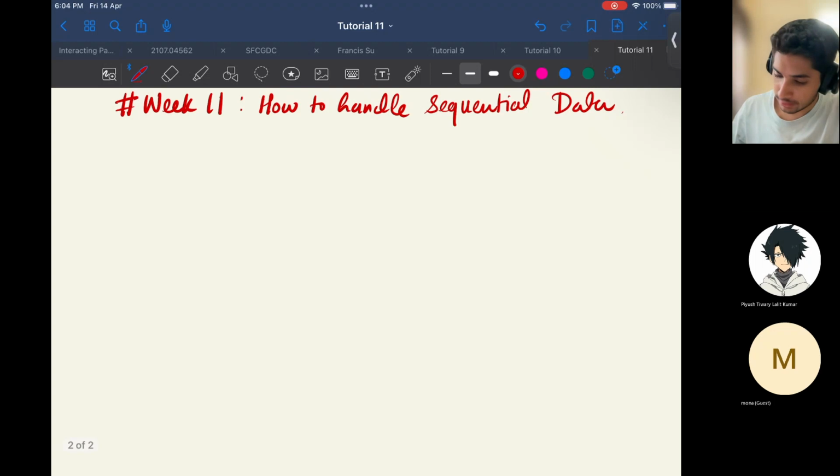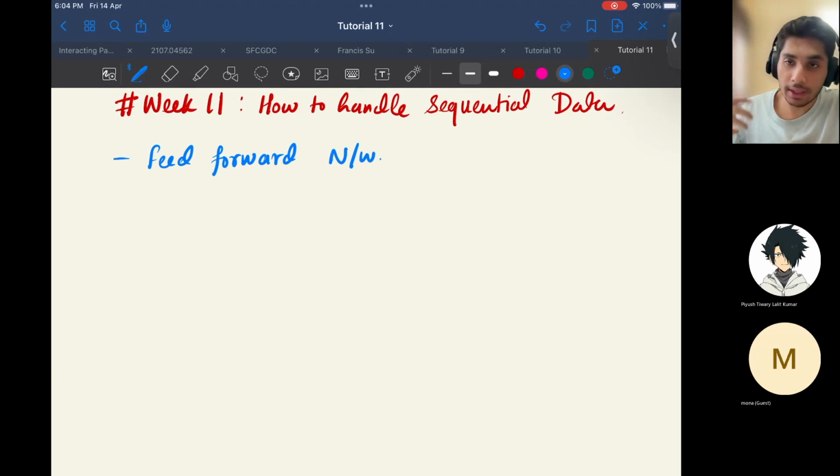So basically, this is what we have been building up to. If you remember, initially we were dealing mostly with feed forward networks. Then we shifted gears and asked how we can deal with images, places where the input has some sort of spatial structure.